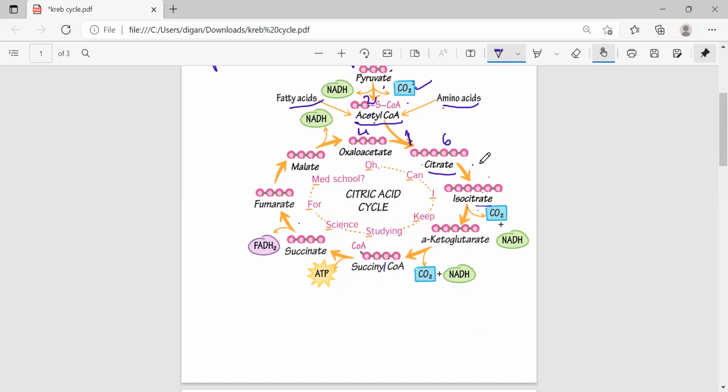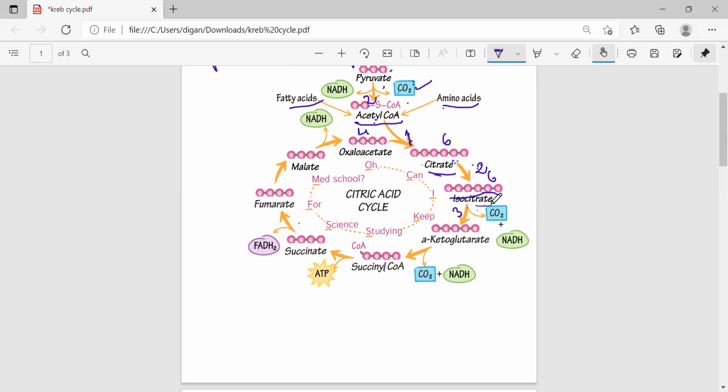Then come to the second step. In the second step, this citrate is converted into isocitrate, which is the isomer of citrate. Isomer means same formula but different structure. Since the formula is the same, isocitrate also has 6 carbons. This is the second step of this cycle. Now come to the third step.